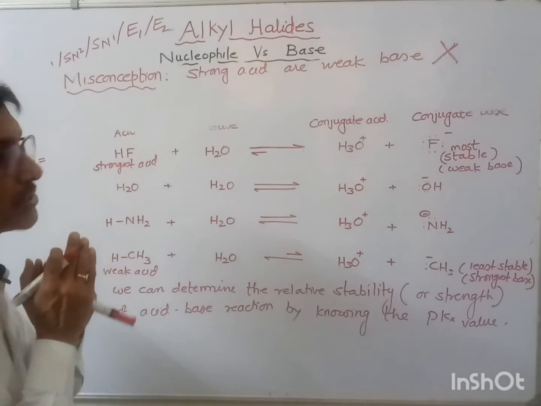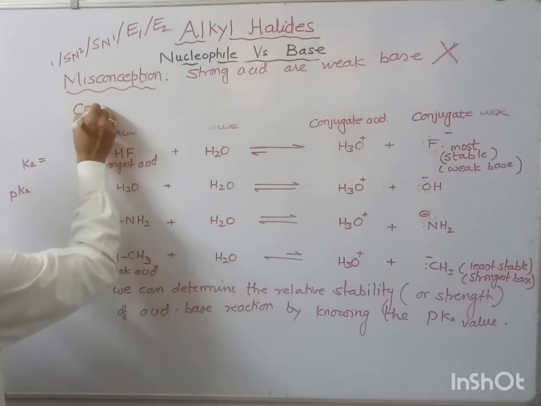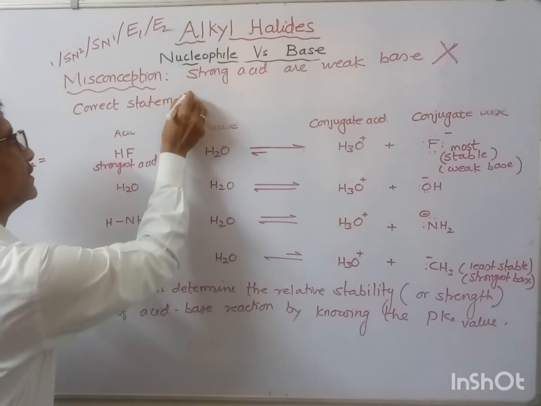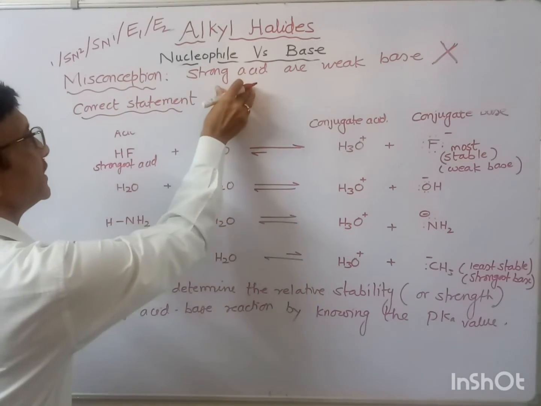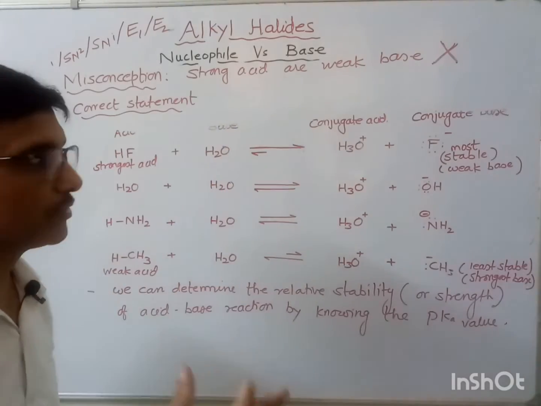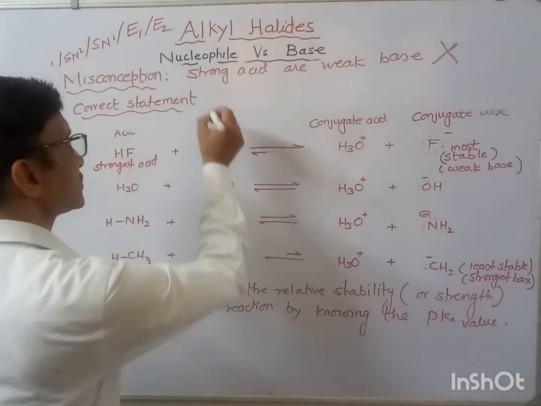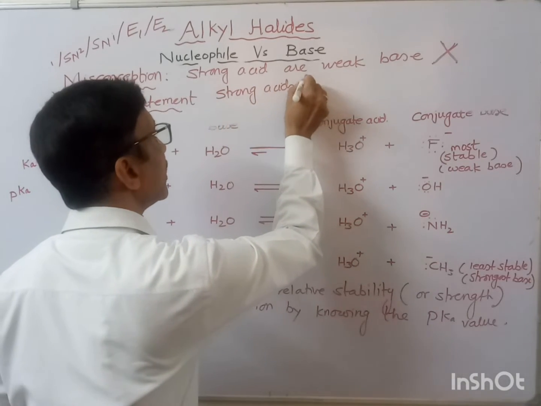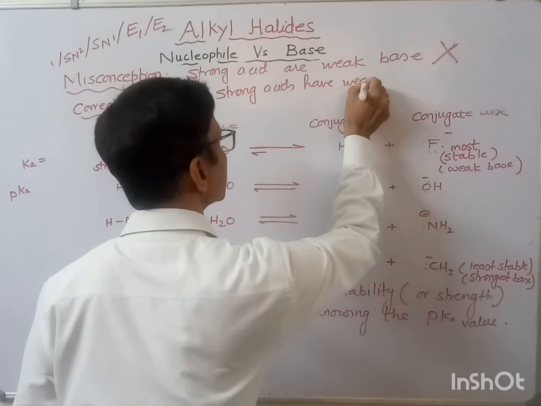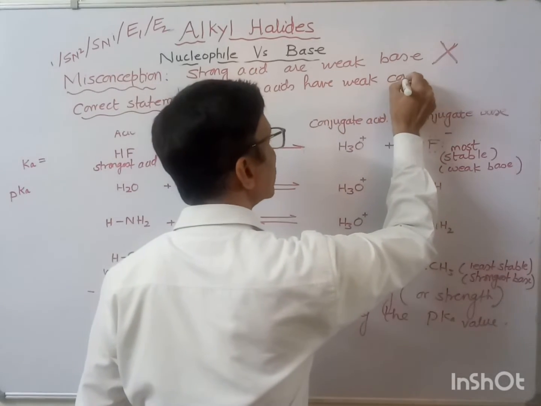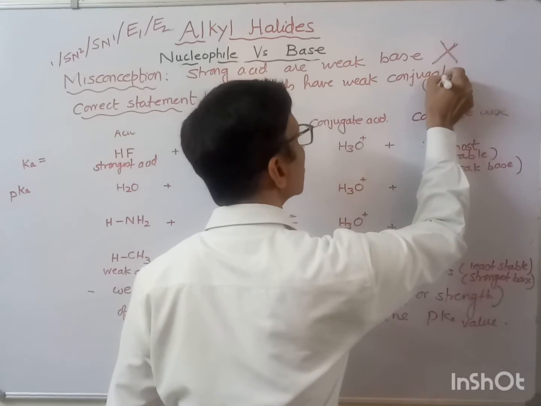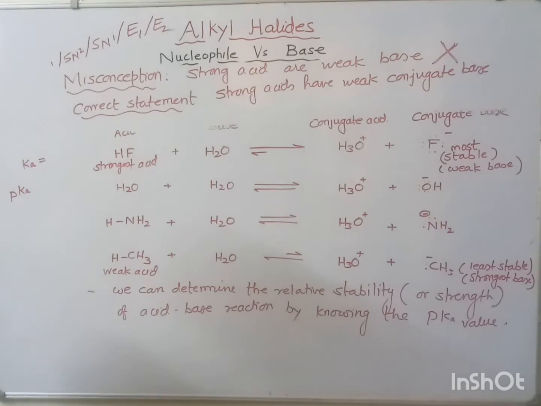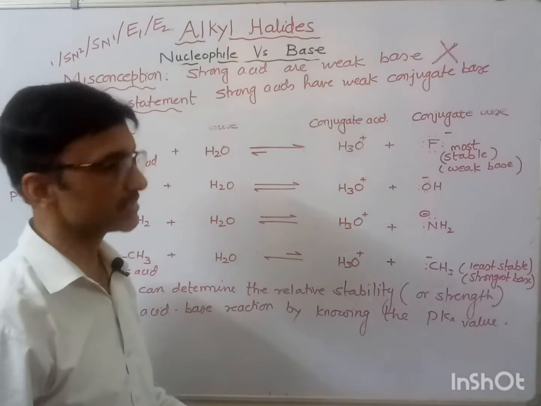So what is the correct statement? The correct statement is that strong acids have weak conjugate bases, or we can say that strong bases have weak conjugate acids.